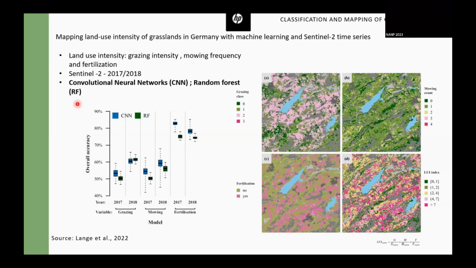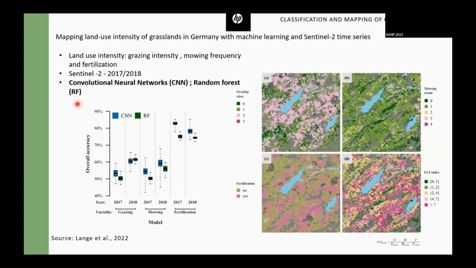In this first example, the authors mapped the land use intensity of grasslands, using the Sentinel-2 time series. Note that in every paper you need to look up which satellite the authors used. In this paper, the authors aimed to map grazing intensity, mowing frequency, and fertilization, whether the pasture was fertilized with nitrogen fertilizer or not.